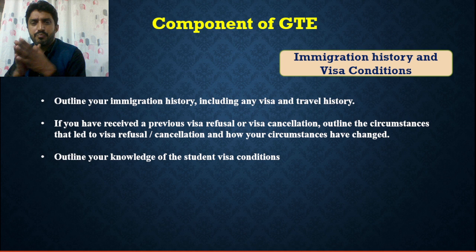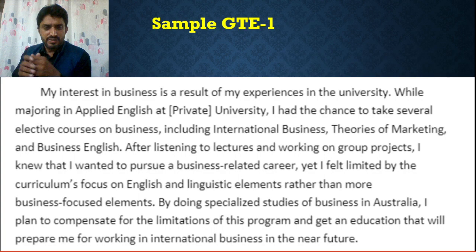In this GTE, you can see that a person having an English background has somehow changed his interest to the business side. So he's explaining how different courses or different factors changed his intention from English to the business side. So this is the course selection section.